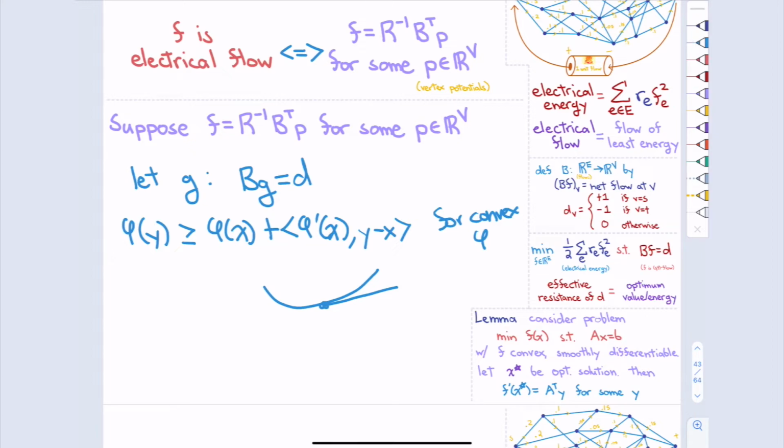Okay, so if I apply that here, maybe it's more convenient for us to write it this way. So I'm going to take y to be g, x to be f, and phi to be the resistance stuff, the electrical energy.